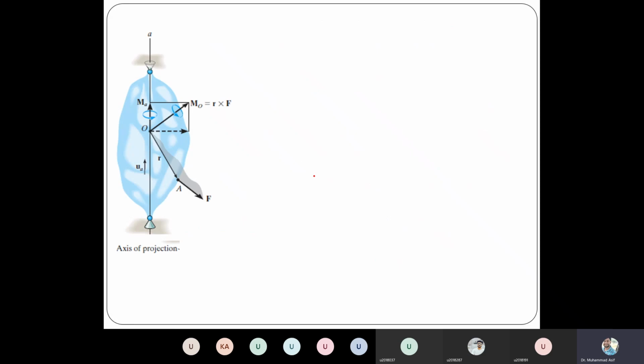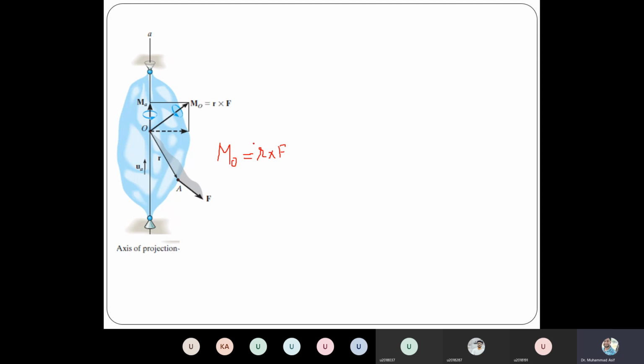Right, let's generalize this concept. For example, if we have a force F, and from the fixed point, let's say this is the moment arm R. So what will be the moment about point O? That will be R cross F.